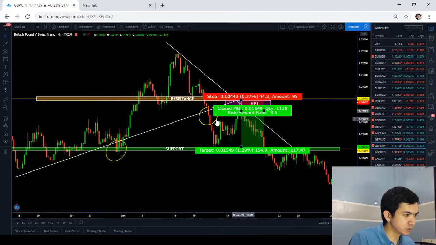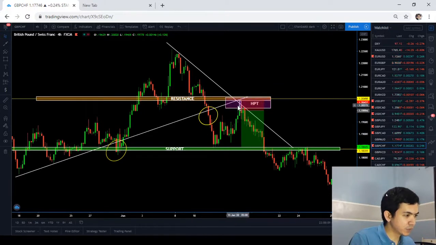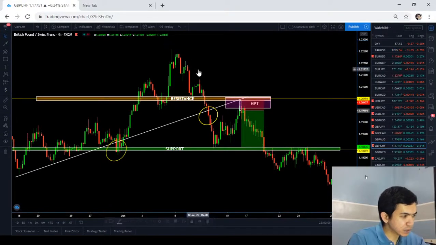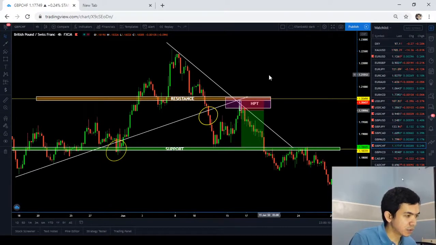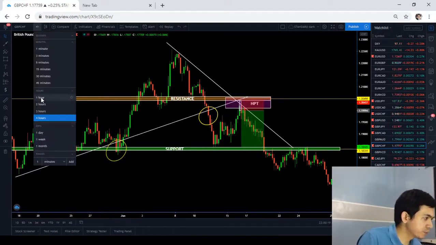Okay? So, I waited for the price to react sa aking HPT. Kasi sabi nga, ang HPT natin ay below nung mga zones na yon. At least 2. Kahit nga wala tong trend line na to eh. Diba? Okay? So, at least 2. So, this will be the area of high probability trade. Okay? And then after that, what?